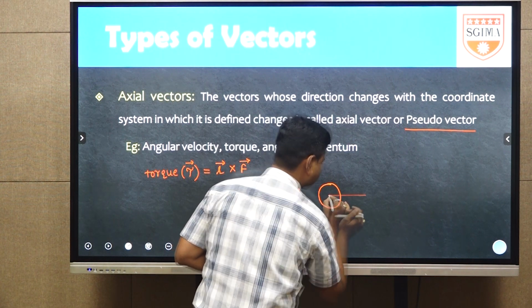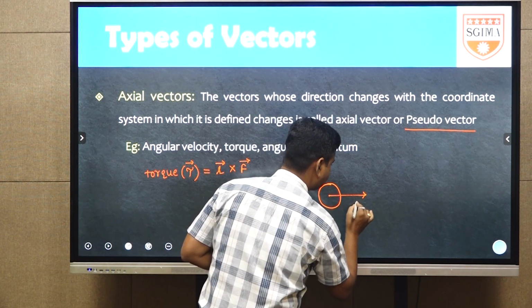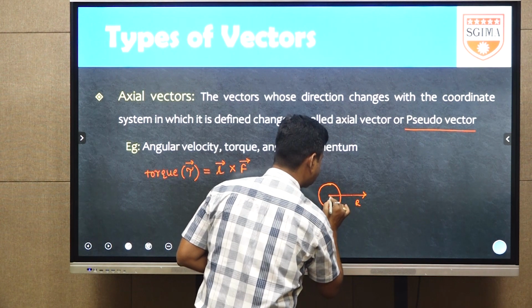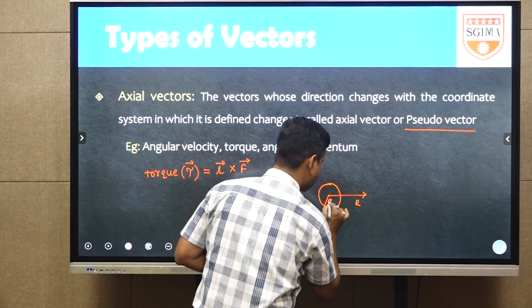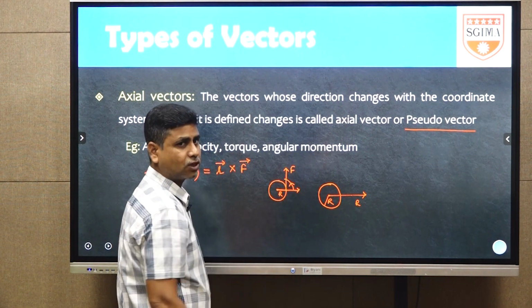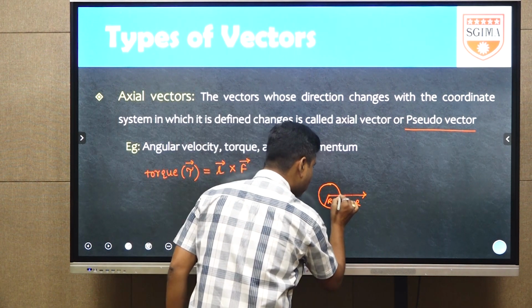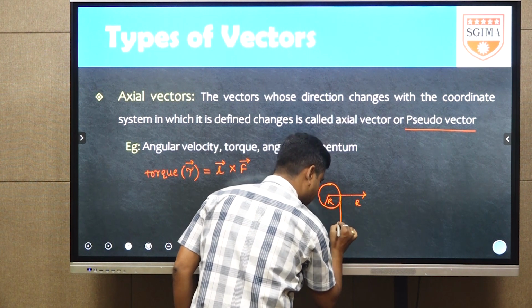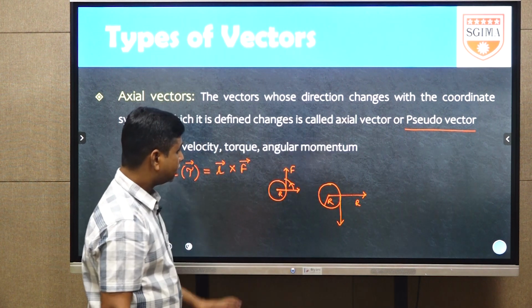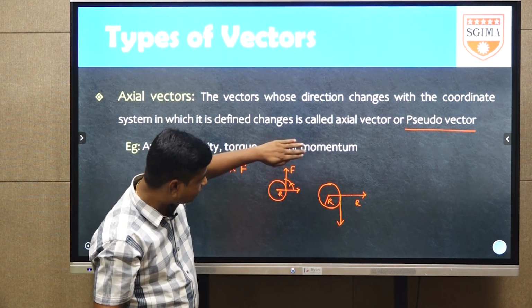Same thing, this is the radius vector. Actually only this length is the radius; I am extending it just to explain the direction. Here the force is given downwards. See that the direction of force changes. In the previous coordinate system the force was taken upward, here it is downward.